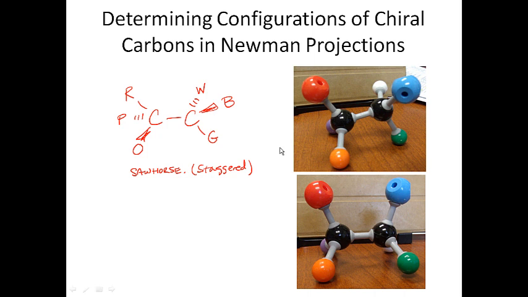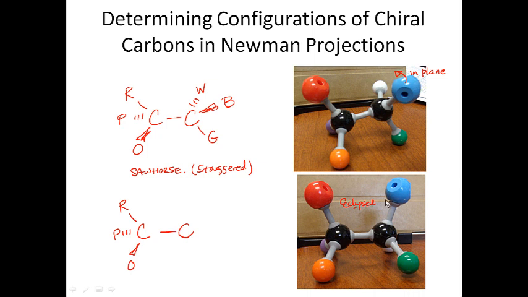Now, if I moved it into the eclipsed conformation by rotating this hydrogen up in the plane, or moving this blue group up into the plane, then I would get this structure. I did nothing to the carbon on the left, so my red is in the plane, my purple group is behind, and my orange group is pointing towards you.